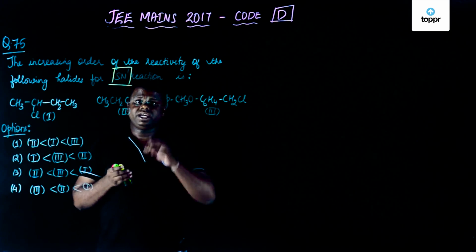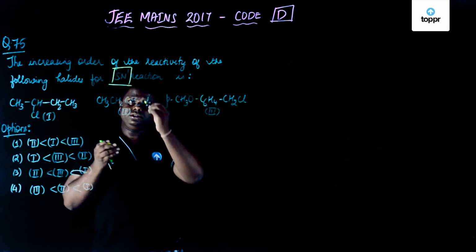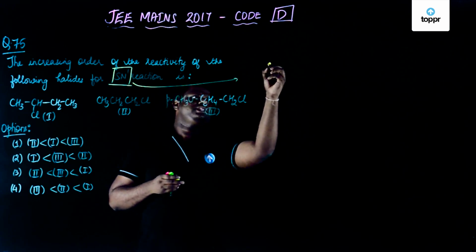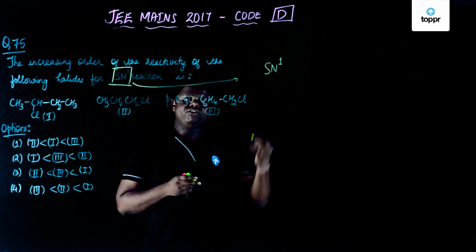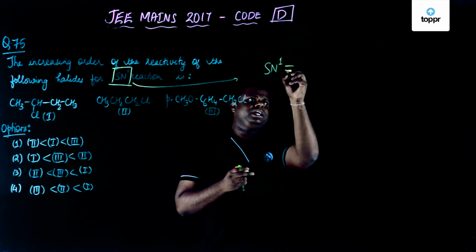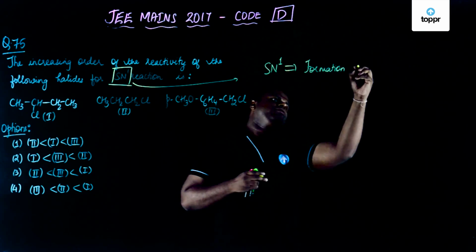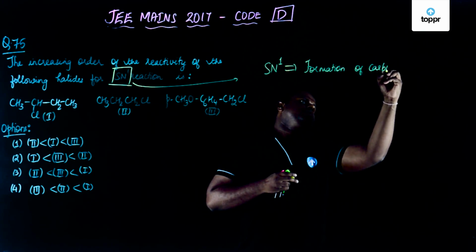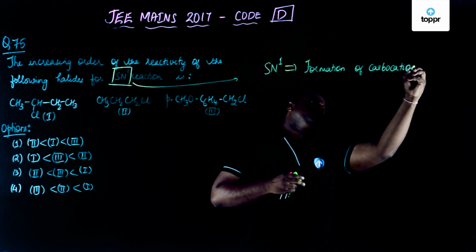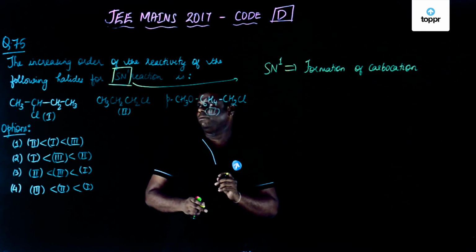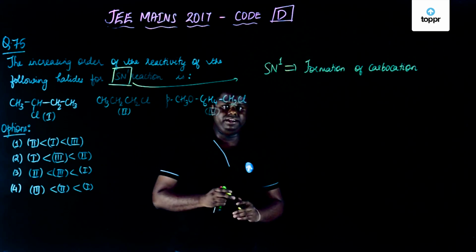That is the reason carbocation is formed. So this is basically the SN1 reaction, and the driving force for the SN1 reaction mechanism is basically formation of carbocation.